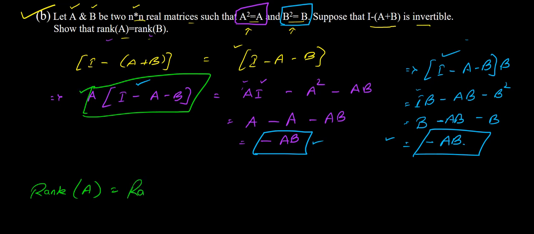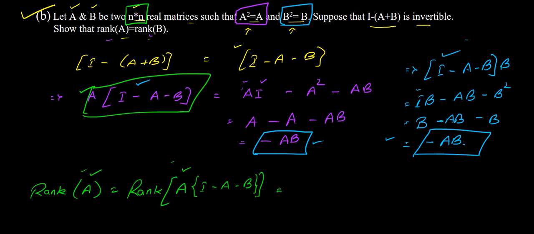So here we can write rank of A will be equal to rank of A into I minus A minus B. So this is rank of A equal to rank of this, because both of the matrices will be of same dimensions, which is n cross n. Therefore the rank of both will be same, because we are multiplying A with this invertible matrix and equating this to the rank of A only.